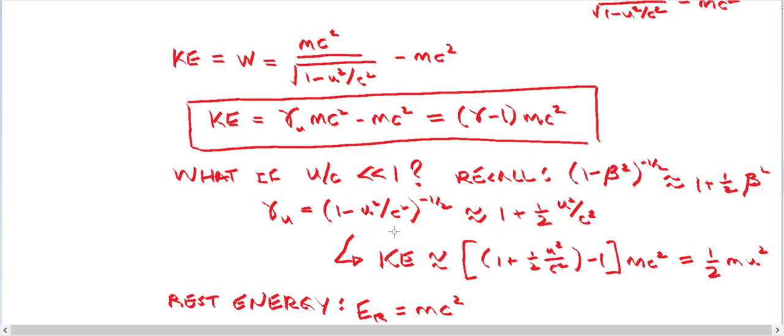And so the kinetic energy, which is gamma minus 1 times mc squared, will roughly be quantity 1 plus half u squared over c squared, minus 1, all of that times mc squared. And so the 1 minus 1 goes away, and what we have is half u squared over c squared times mc squared, which is just half mu squared, the traditional kinetic energy equation that you have grown to know and love.